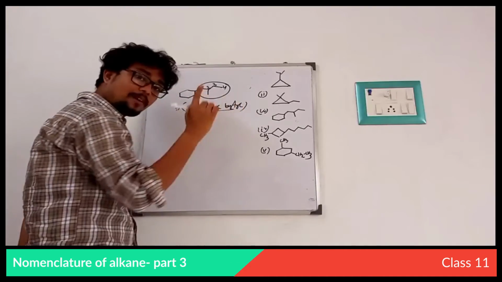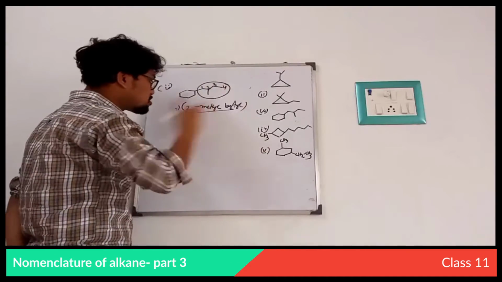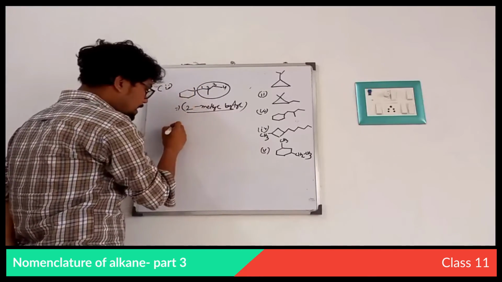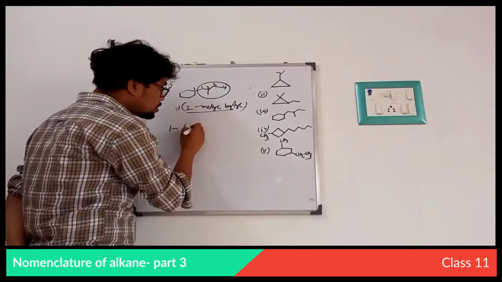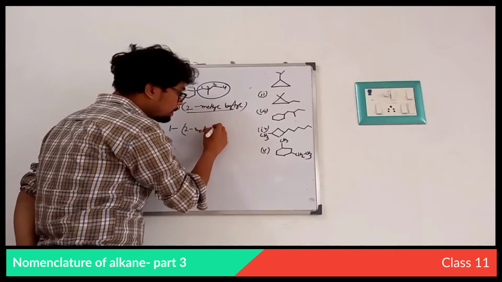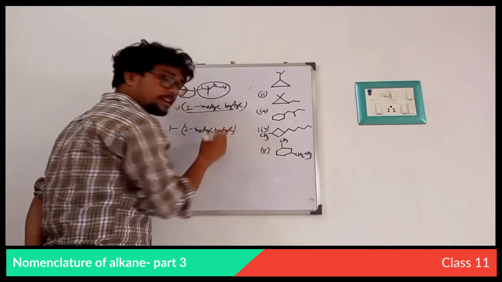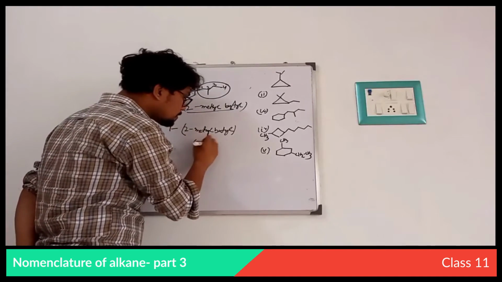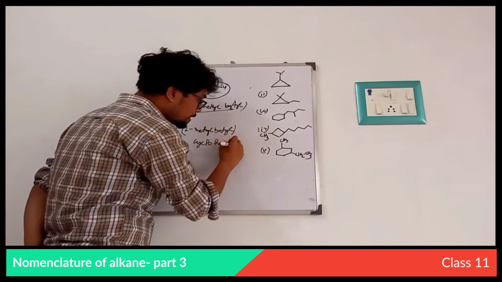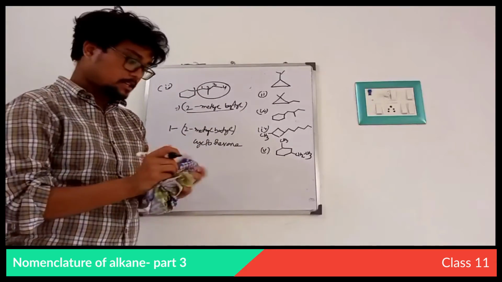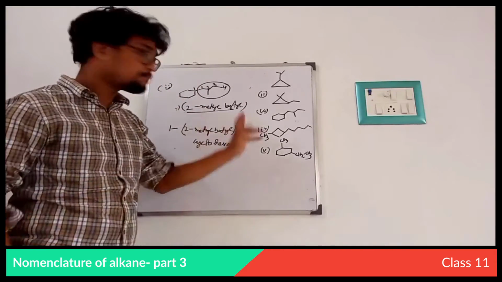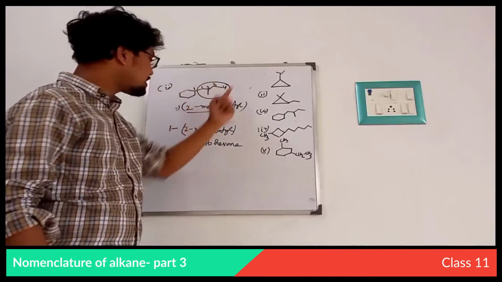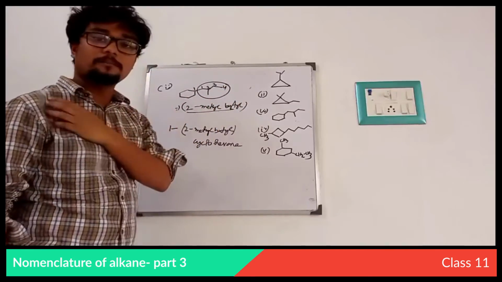Now I am going to the total IUPAC nomenclature, which is associated with carbon number 1: 1-(2-methylbutyl)cyclohexane. Okay, that is our nomenclature. Very simple. The main part is doing the nomenclature of our complex substituent.